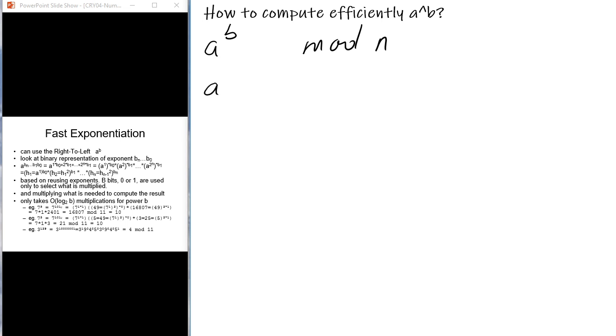Let's start with a numerical example. Let a be equal to 7 and b be equal to 5. The first algorithm we are going to see for fast exponentiation is called the right to left algorithm.